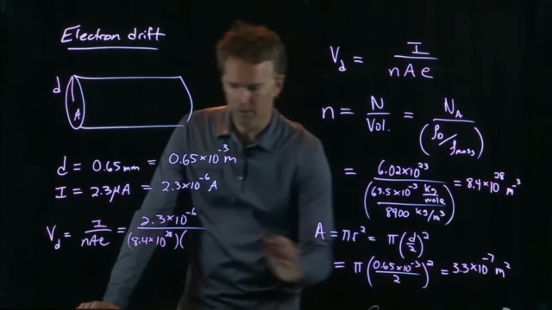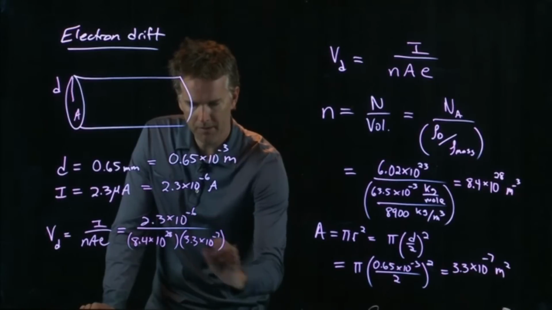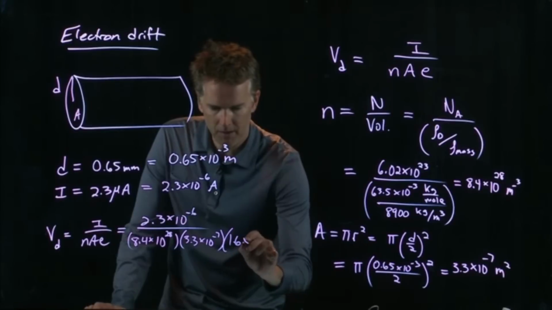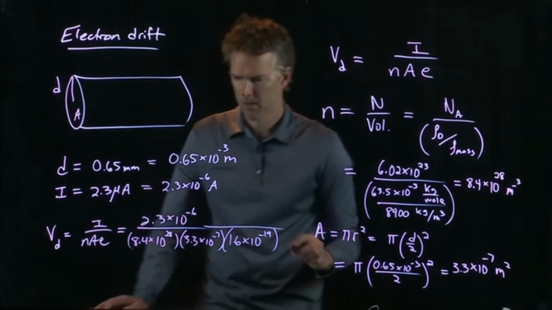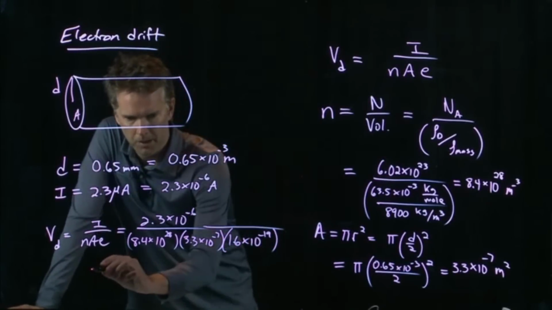A, we said, was 3.3 times 10 to the minus 7. And e is, of course, 1.6 times 10 to the minus 19. So if somebody runs those numbers in your calculator, I'll approximate it here.